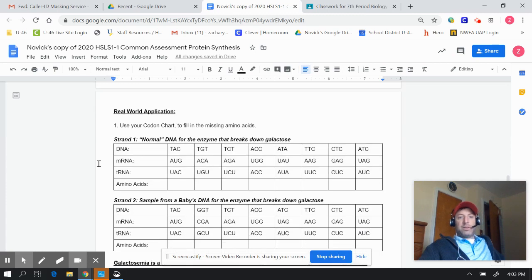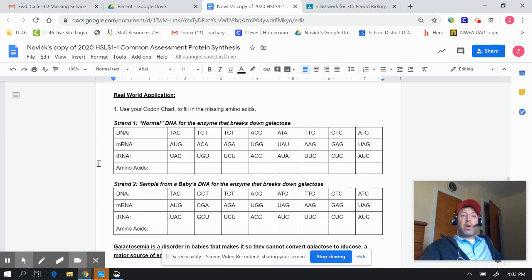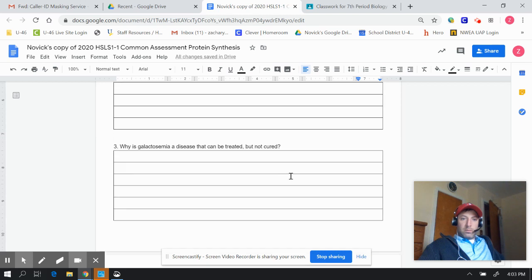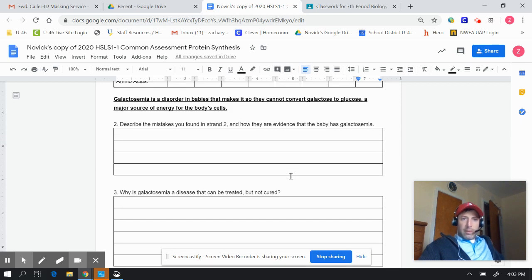Real-world applications. Use your codon chart to fill in the missing amino acids. And then finally, galactosemia is a disorder in babies that makes it so they cannot convert galactose into glucose, a major source of energy for the body's cells.